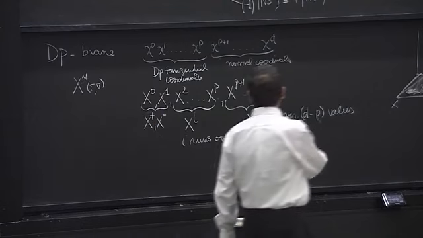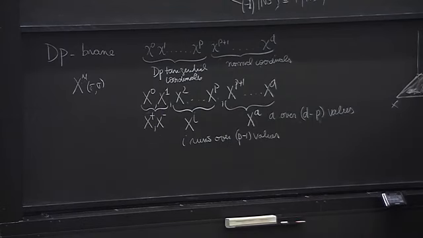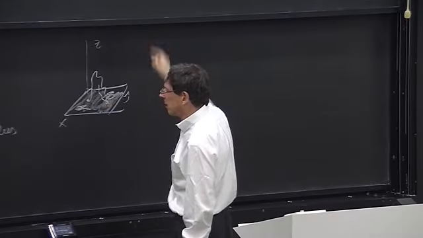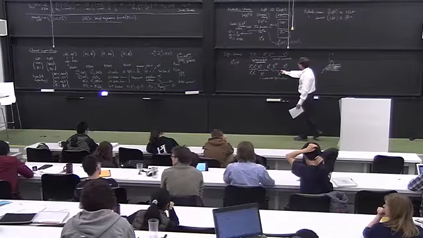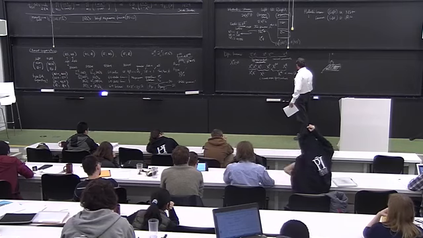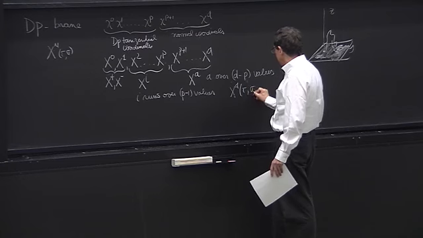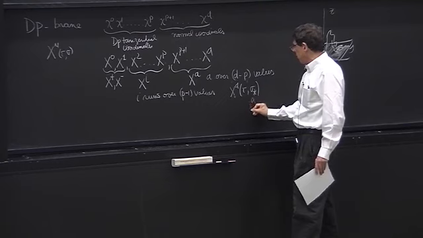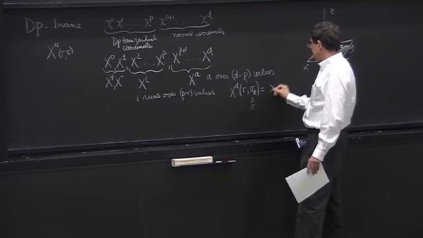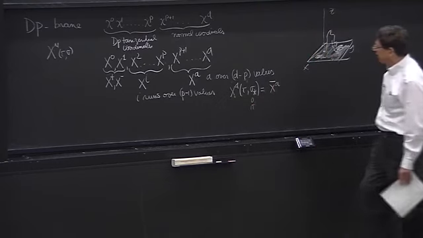Now, the open strings can't move in the normal direction, the endpoints can't. The strings can. The strings can be a little bit on the brane and outside the brane. So these coordinates x^a of tau, sigma star, where sigma star is 0 or pi, must be fixed at some numbers that we can call x^a.